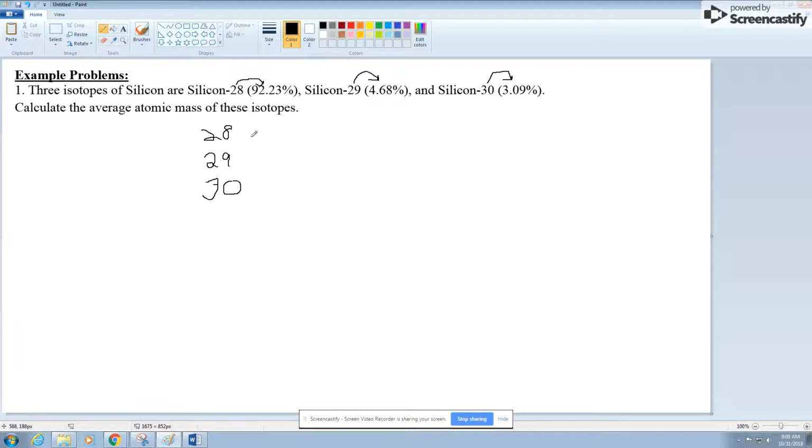And then we're going to be multiplying, and what you'll hear me say is you're going to multiply across and then add down. So we'll write our percentages, but it'll be easier to do it this way.